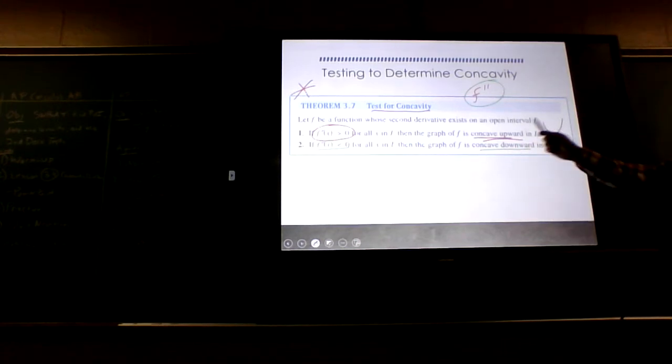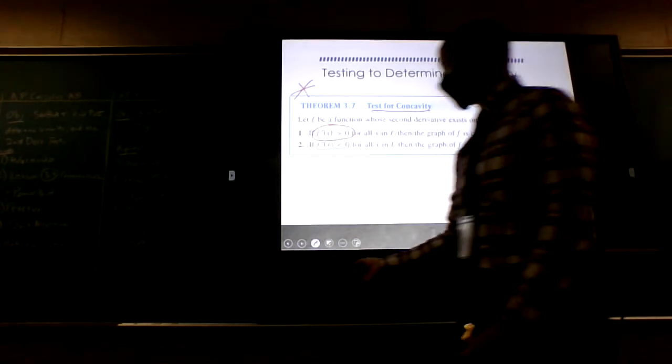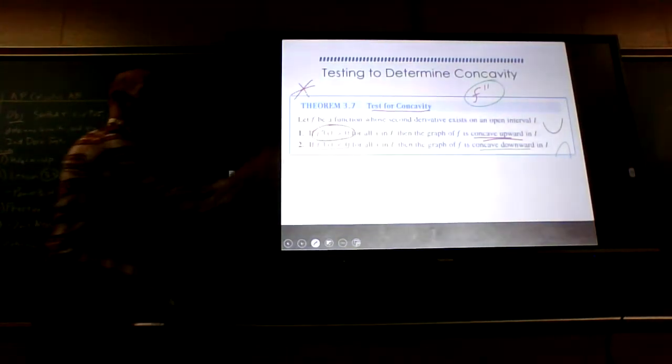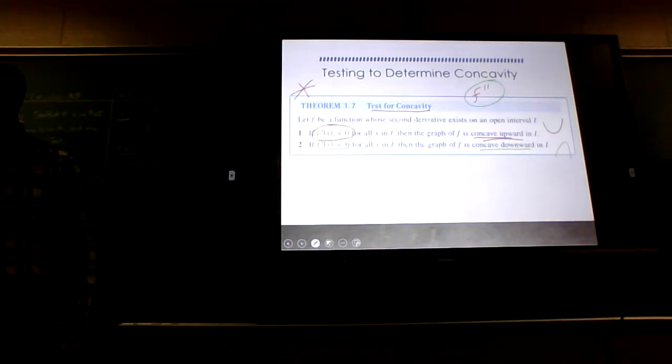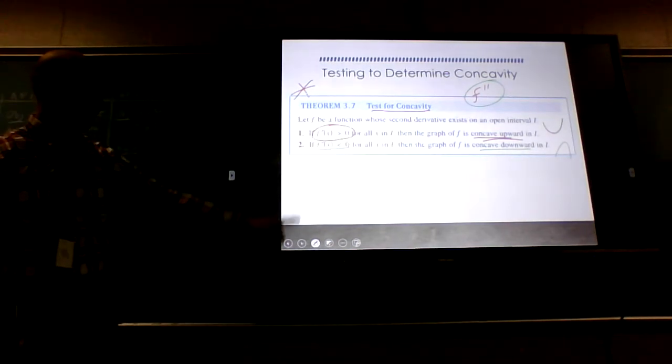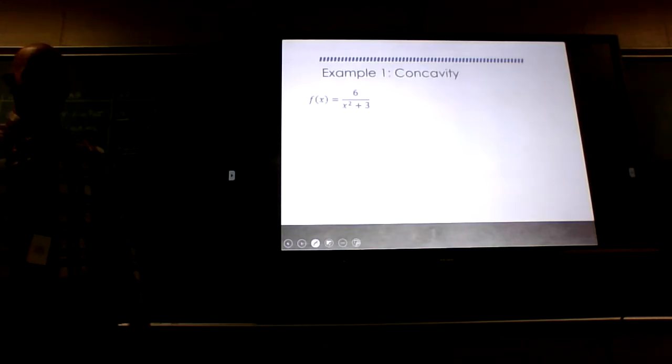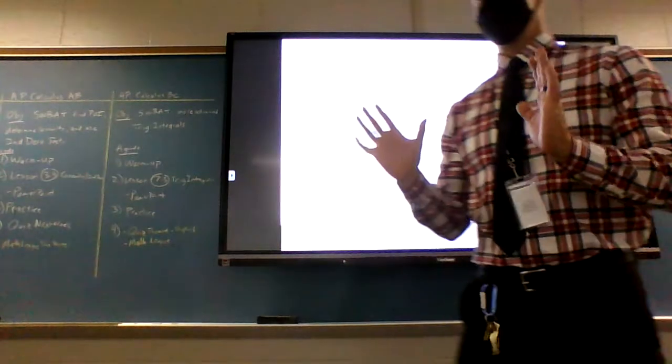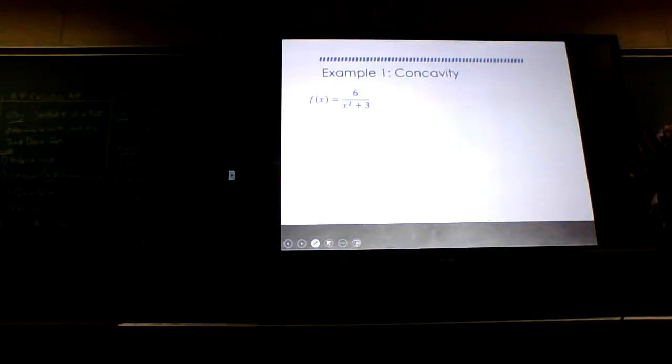If the second derivative is positive, then it's going to be concave up on that interval. And if it's negative, it's going to be concave down. By the way, this theorem is in my notes that are posted on Canvas. Now, again, I'm going to encourage you, don't write this down. Just watch me. There's more stuff I'm going to put up here than you have a chance to write down.